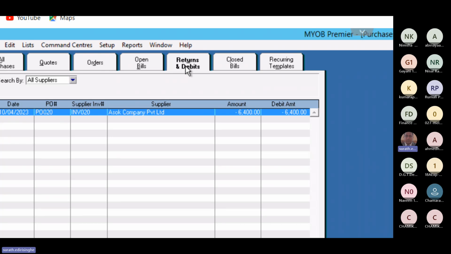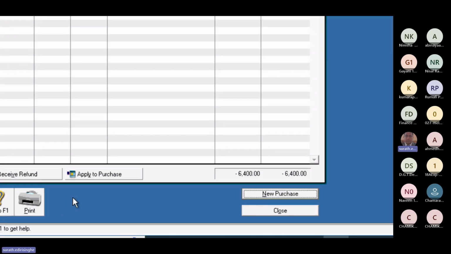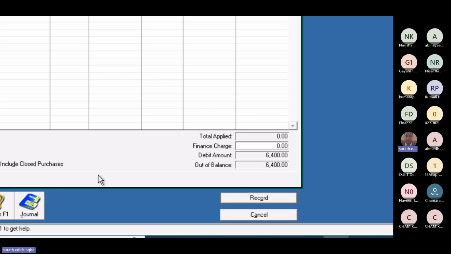Still it is in our purchase. We have to put the entry to remove this 6,400 from our purchase. Now you go to the same form, down, click on apply to purchase.